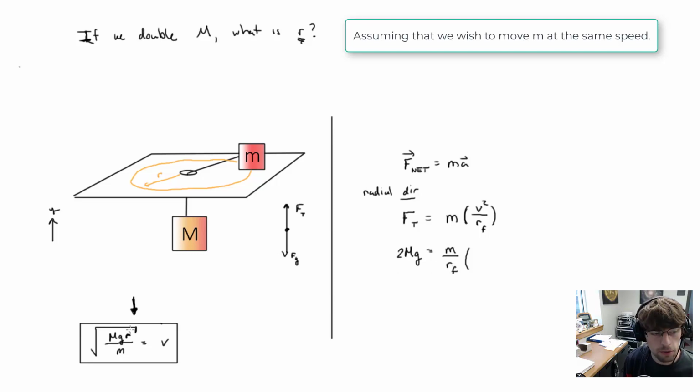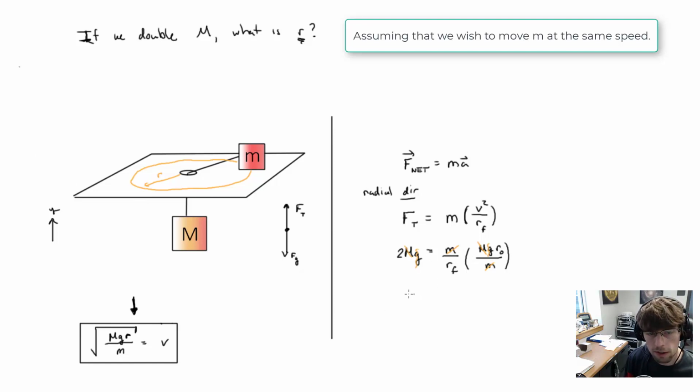And I'll go ahead and substitute in my expression that I had originally. We had Mg times r initial over m. Oh, goody goody. Now we get to cancel everything, right? Little m cancels little m, big M cancels big M, g cancels g. And I end up with this cute expression.